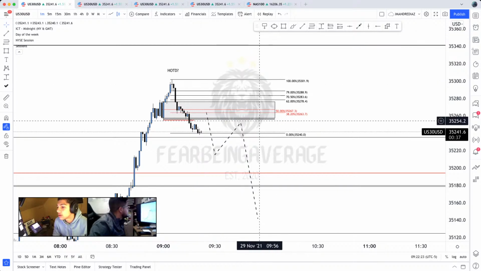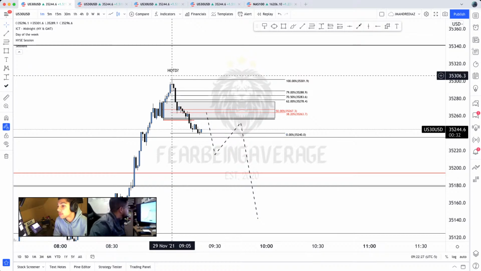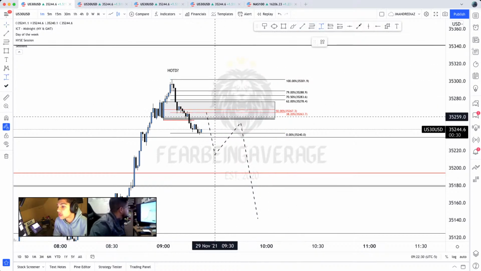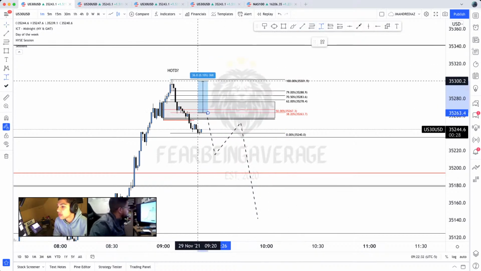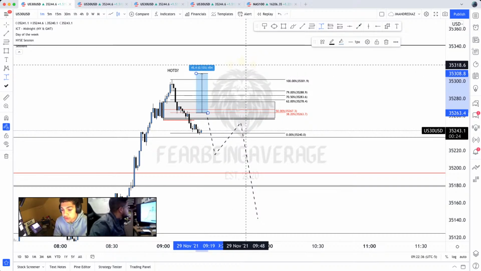Yeah, this is looking good right here. This 50% is breaker block and the 38.20% of this right here. That would be nice, with about a 45 pip stop. I think that's a good move right there.